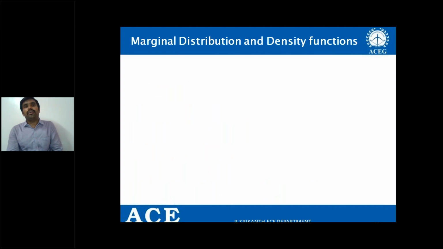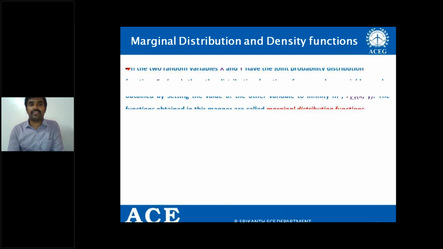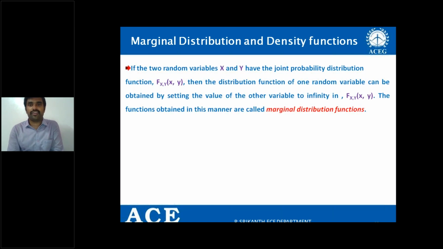Here, I have said joint distribution function and joint density function, and I have also used the words marginal distribution and marginal density function. Let us see what marginal distribution and density functions are.